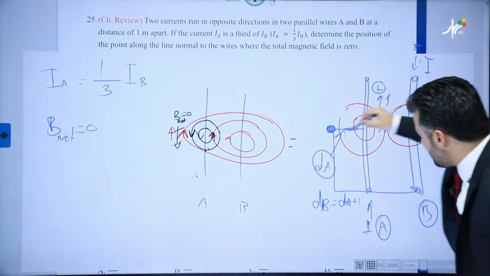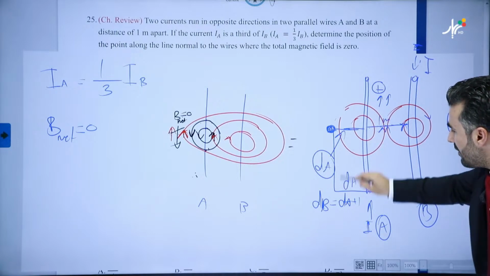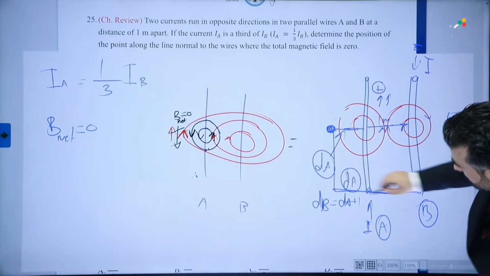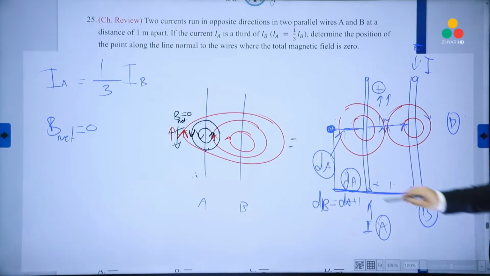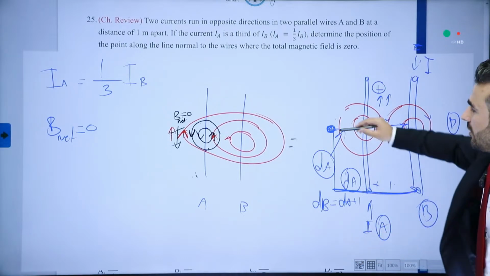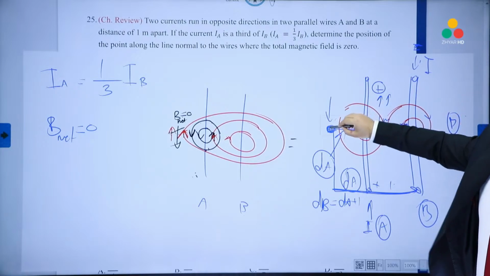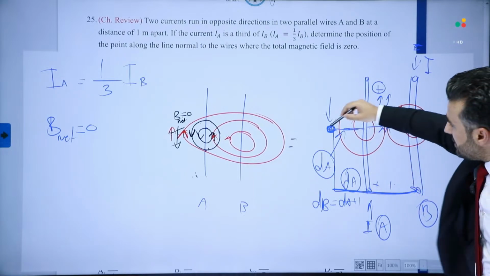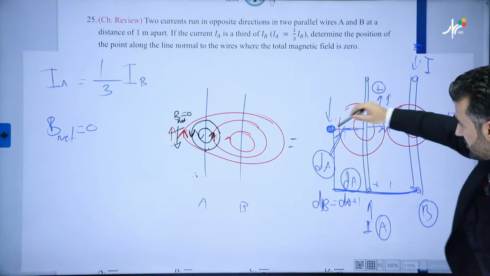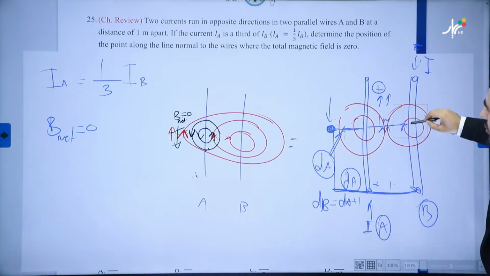Because whatever this distance here is, that is dA, okay? And then plus this distance, which is 1 here. So I can say the total distance is basically equal to 1 plus dA here. So remember what I have now, okay? We know that the magnetic field strength at this point is 0. And we know that the distance from this point to wire A is called dA. And of course, the distance from this point to wire B, it is called what?